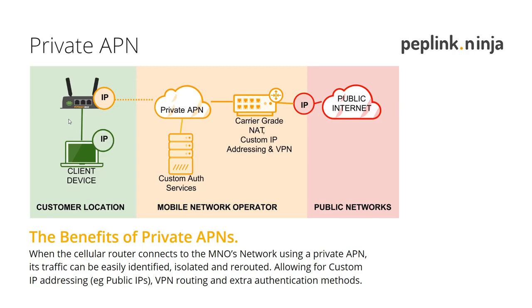Or the MNO might offer me different authentication services, so RADIUS authentication against an enterprise RADIUS server or Active Directory or something like that. But the key thing is a private APN lets the mobile network operator know whose device it is and whose traffic is being received over that APN.